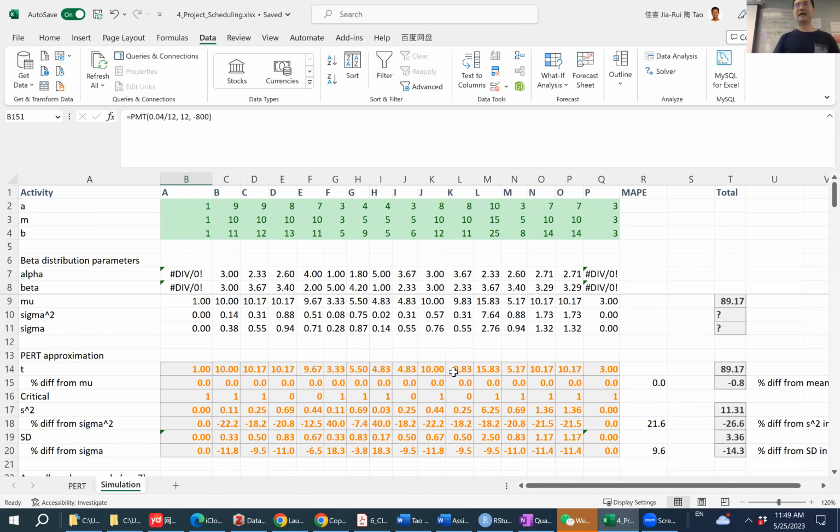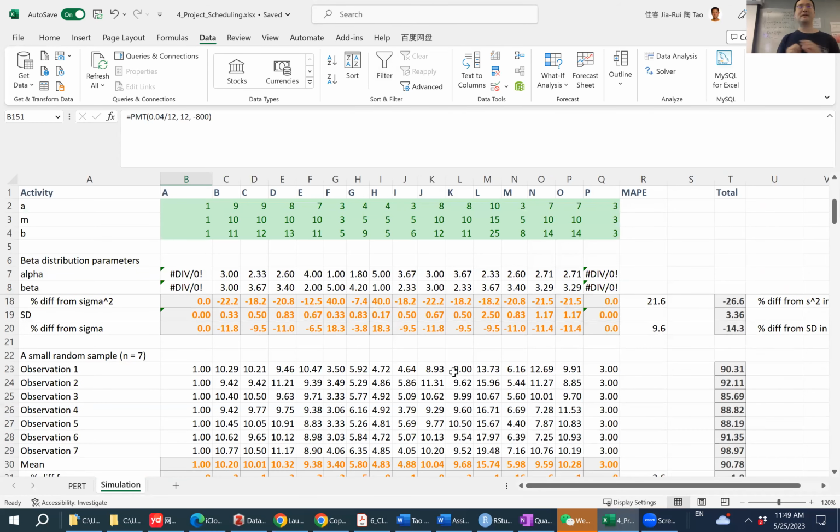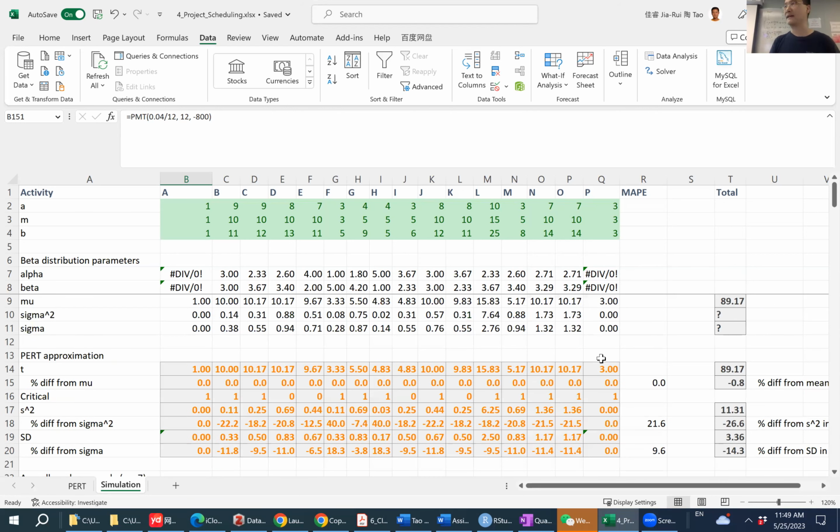Great. Now let's see how we can use the randomly generated beta distributed durations to give us a variance estimate. One round of the simulation, as you saw just now, gives us an estimate for the total duration.